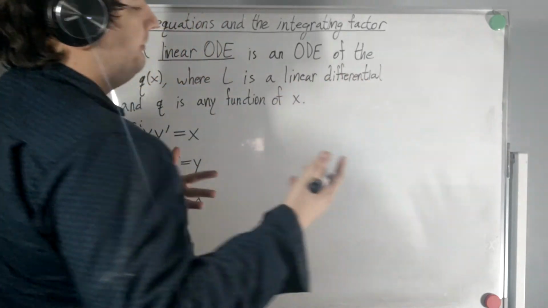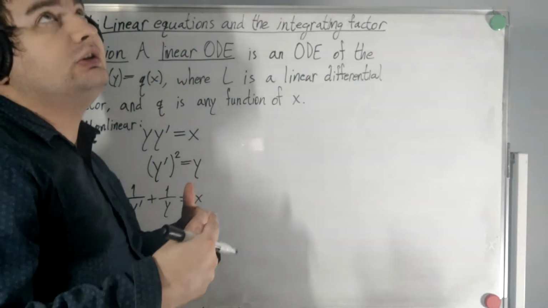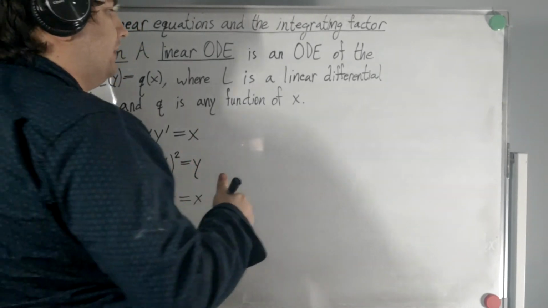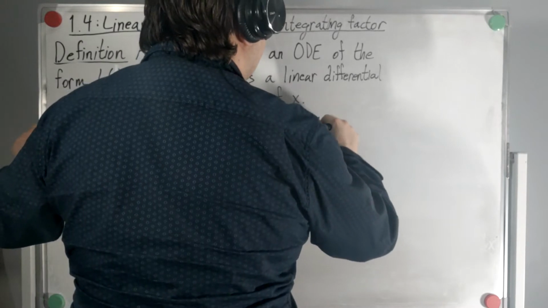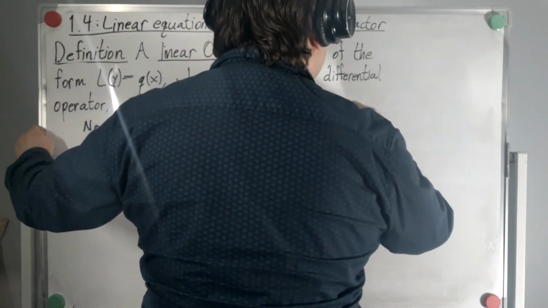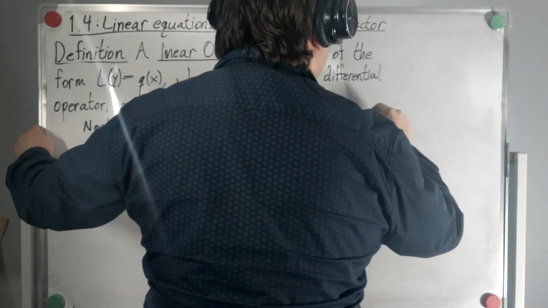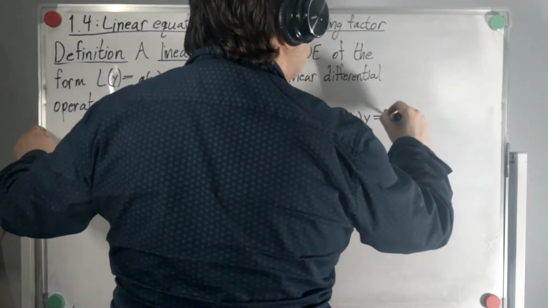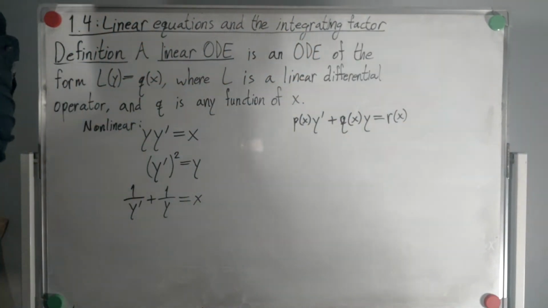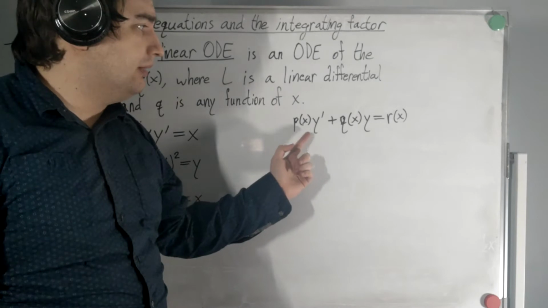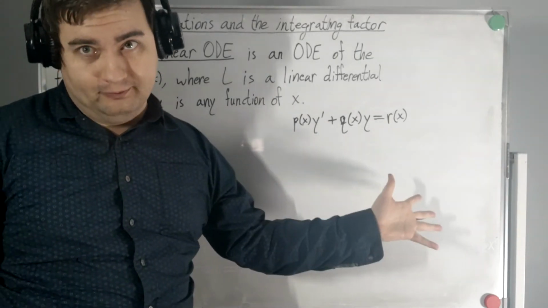In general, every first order linear ODE that you'll ever be given will be some function of x times y prime plus some other function of x times y equals some other function of x. Right? Because it's a linear combination of y and its first derivative being set equal to a function.